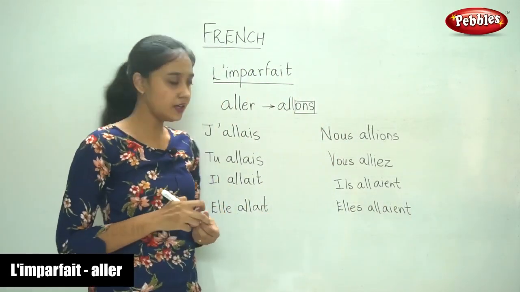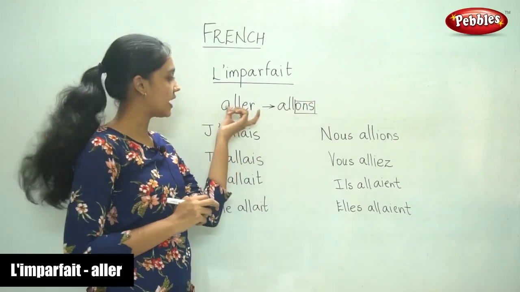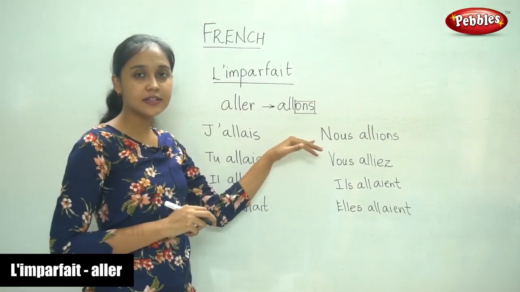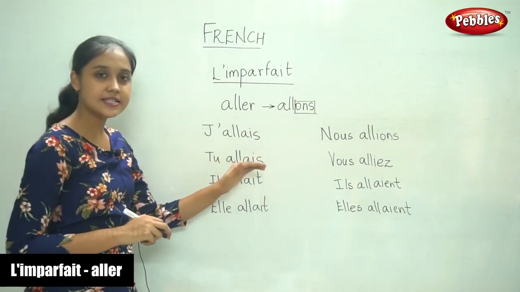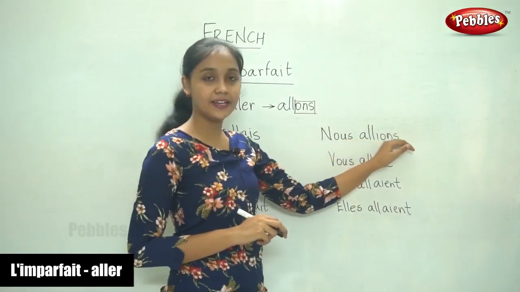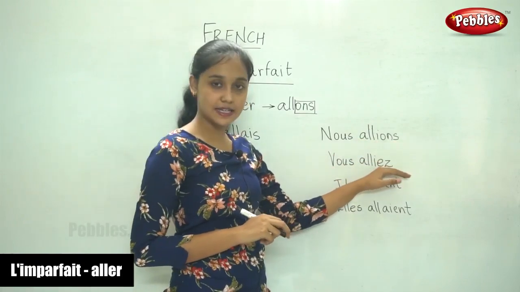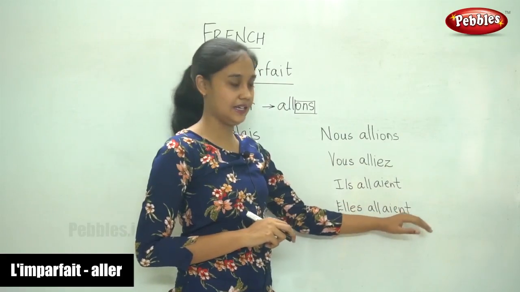It's very simple, right? All you have to do is know the nous conjugation for that verb, remove ons and add the endings ais, ais, ait, ions, iez, aient.